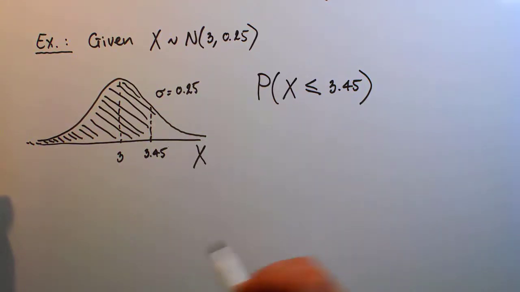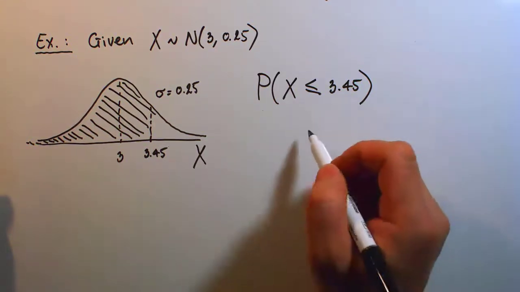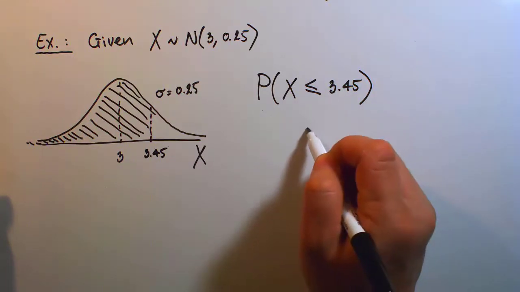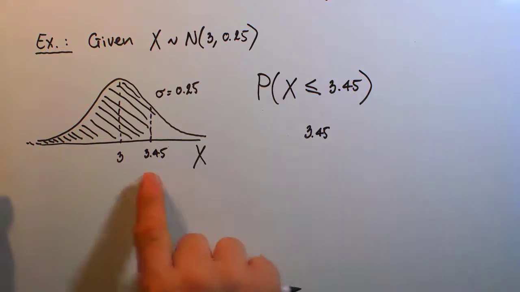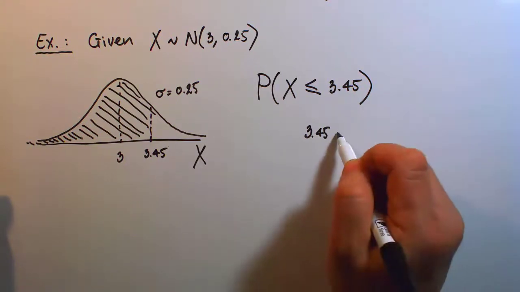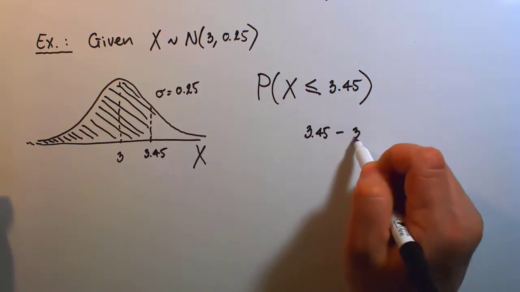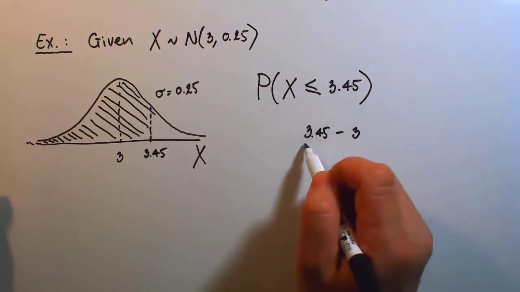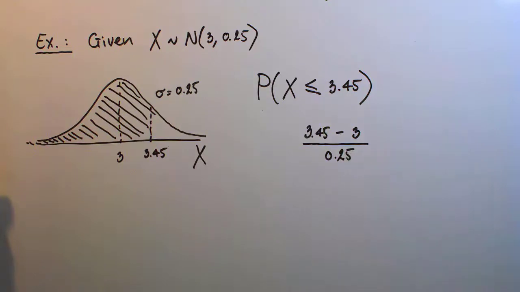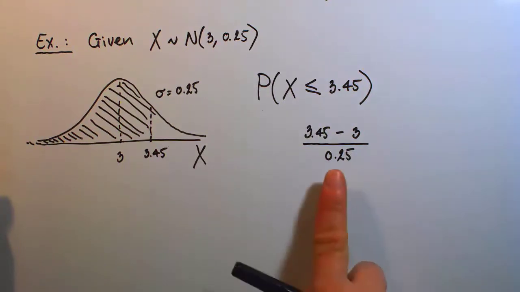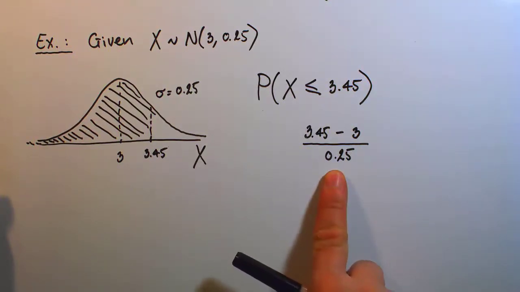So to begin with a problem like this, from where my value 3.45 stands on the bell curve, I am going to subtract 3 and divide by 0.25. So have a moment to observe this calculation here.